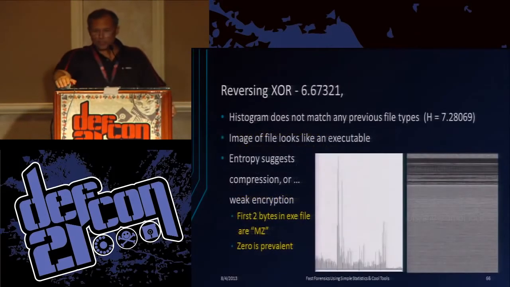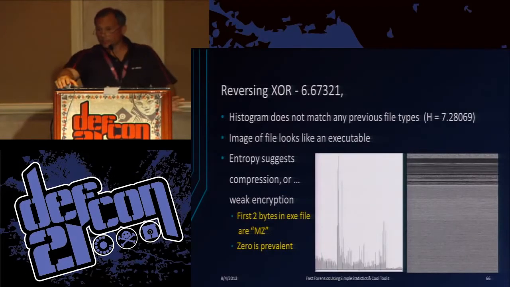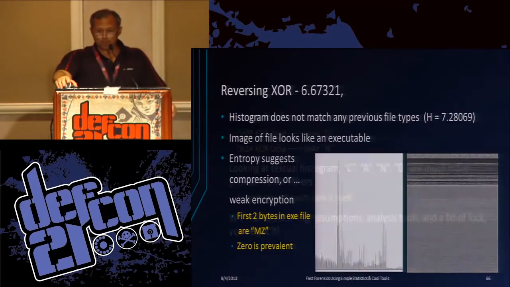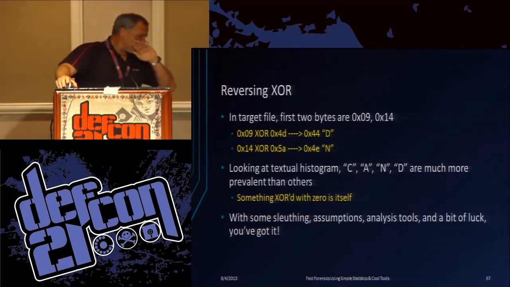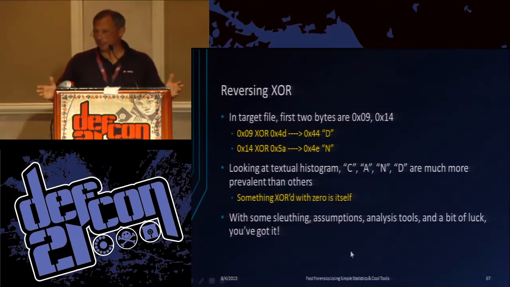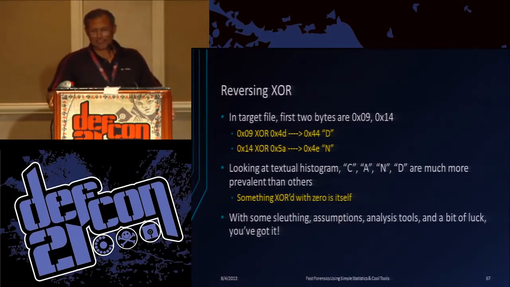Oh, I should back up. Knowing that the first 2 bytes in an executable are MZ, and that 0 is prevalent, can also help you a little bit with that. So in the target file, we found that 2 bytes were D and N. Looking at the textual histogram, we found C, A, N, and D were much more prevalent than others, so we can start guessing one of those might be a space, one of those might be an E, one of those might be a T. I did some hand waving here because I didn't think I would even get to these slides.